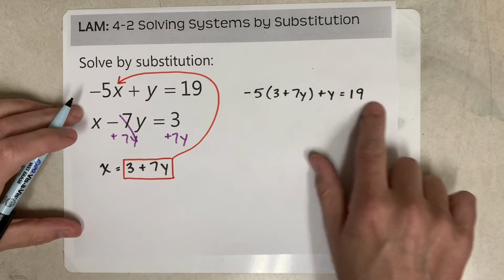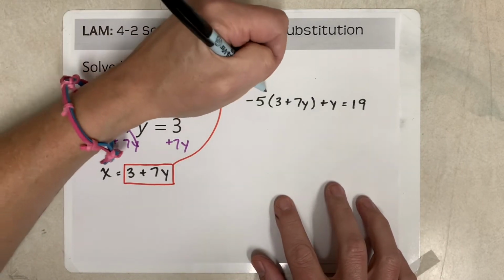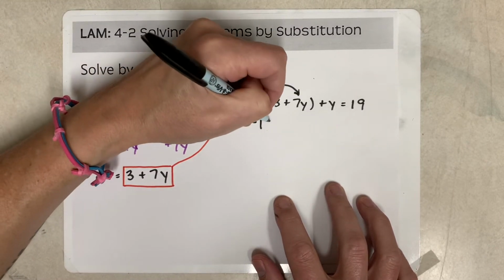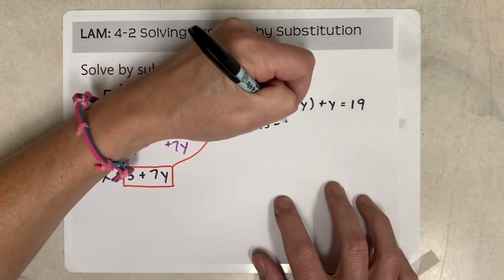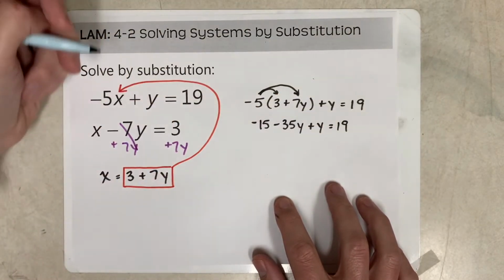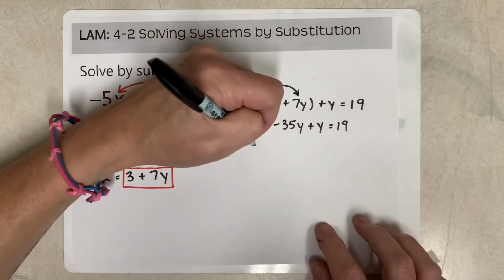So now we have one equation with one unknown, and that's y. So here we go. Distribute, usually the same thing every time, negative 15. 7 times 5 is 35, y, plus another y is equal to 19. Negative 35 and 1 make negative 34.